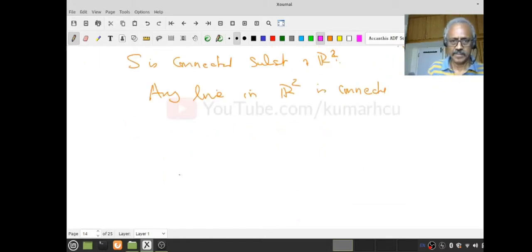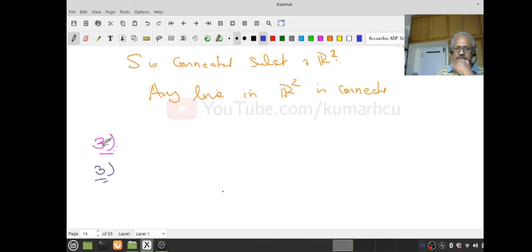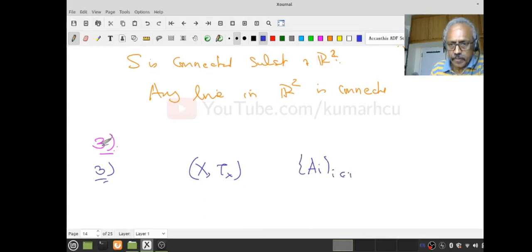Now let's look at more. Let me look at a third example. It's a generalization of the earlier one. Suppose I have a topological space X, and suppose the A_i are connected subsets.